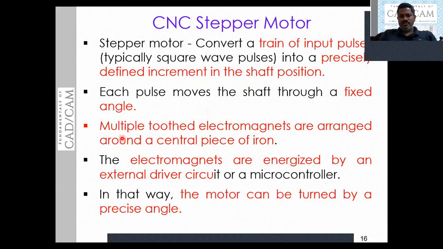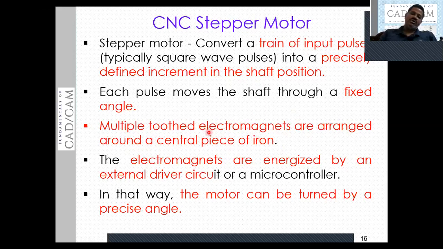Then when it comes to the construction, multiple toothed electromagnets are arranged around a central piece of iron. So you have a core at the center. Over the core, multiple toothed electromagnets means there is a coil on each magnet. That means it will be magnetized with the electricity.